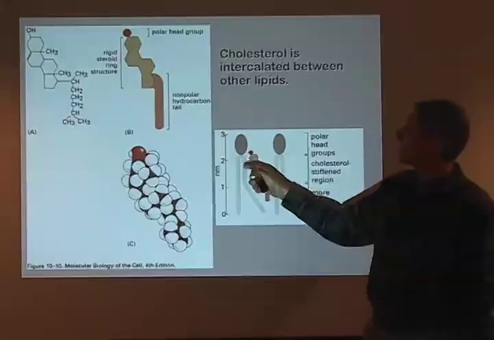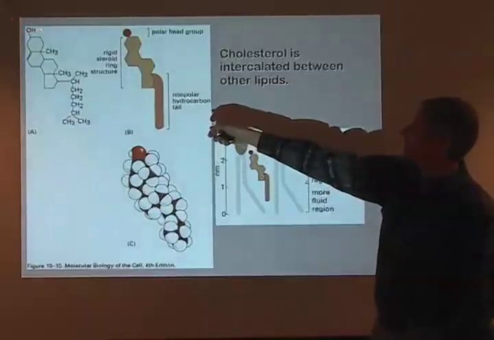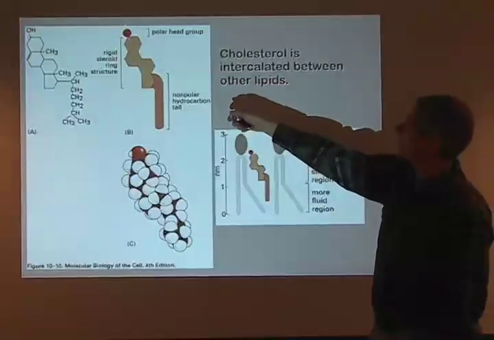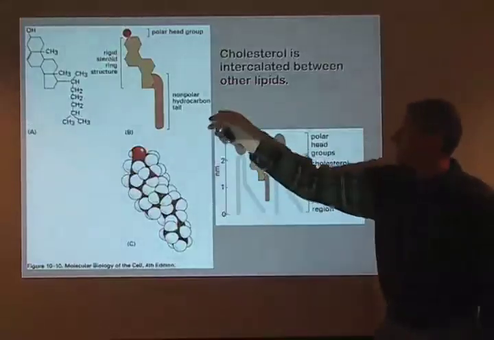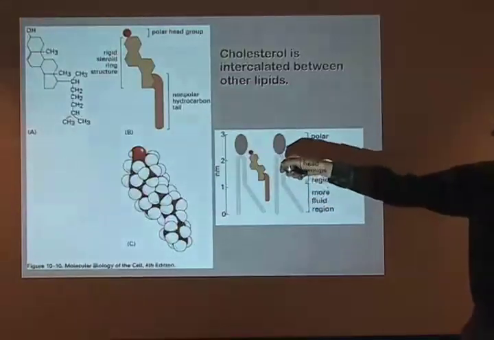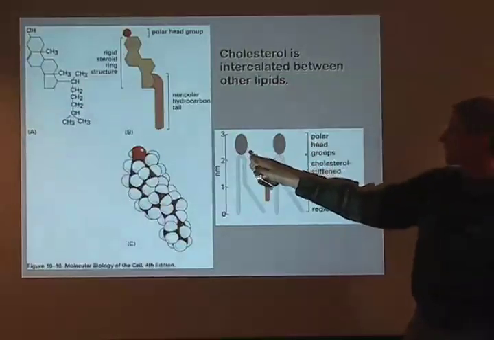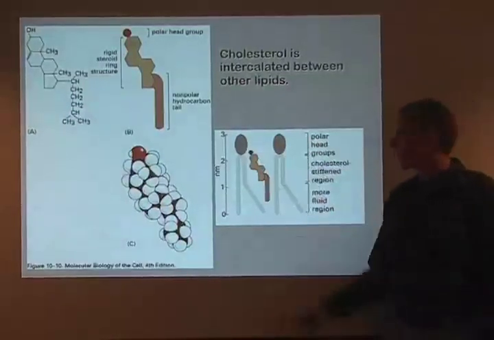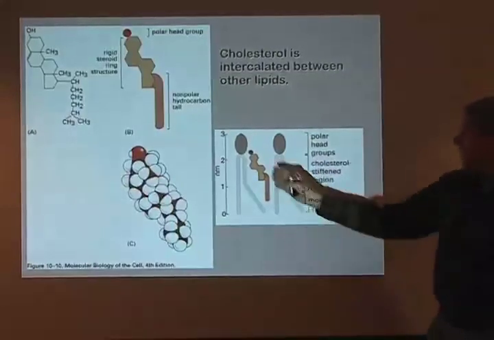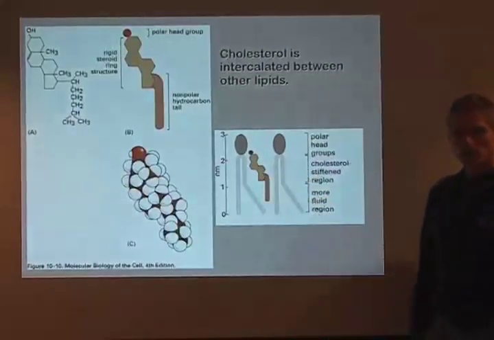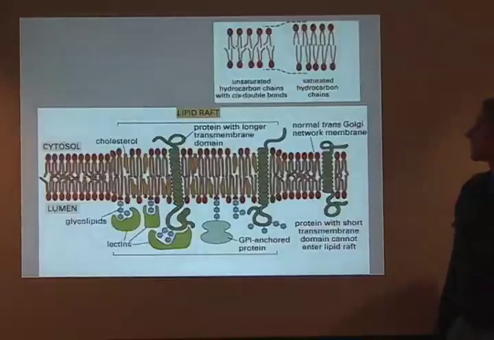It's only got a little hydroxyl. There it is, a little hydroxyl. That's the entire polar head group. The rest of it is this hydrocarbon with rings. So this little hydroxyl sticks up with the polar head groups of the other lipids, and cholesterol intercalates, fits in between the other lipids.